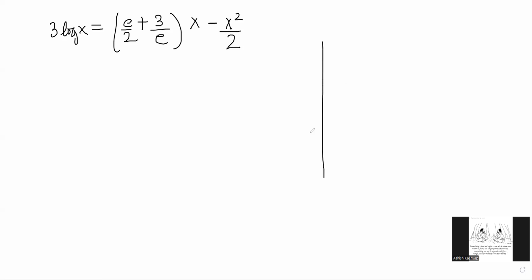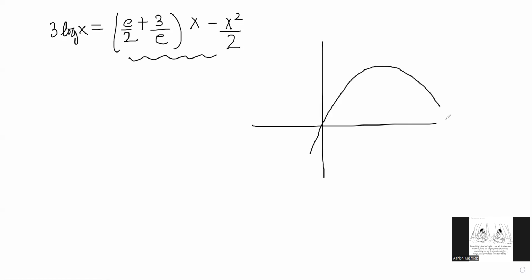And if you think about the graph of this, it will be a downward parabola. So notice that it passes through 0, 0. It will be a parabola something like this. And the peak of the parabola will come at minus b by 2a. The parabola's vertex will be at x is equal to minus b by 2a, for ax square plus bx plus c.